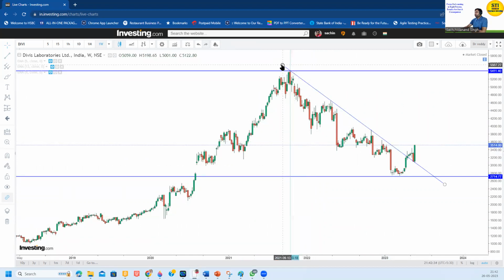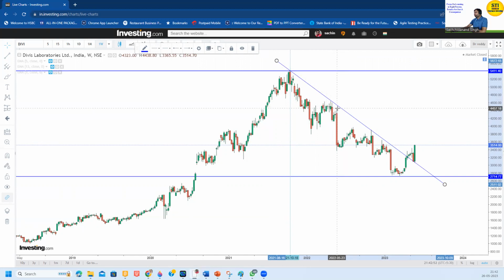So this is another way of putting the trend line, and in this one, because this particular line is not allowing the price to move further, it is touching every time. Maybe here it touches, this time it does not touch, before touching itself it came down. This is another point, here is another point. So this line is also treated as a resistance line, which is a slanting one.